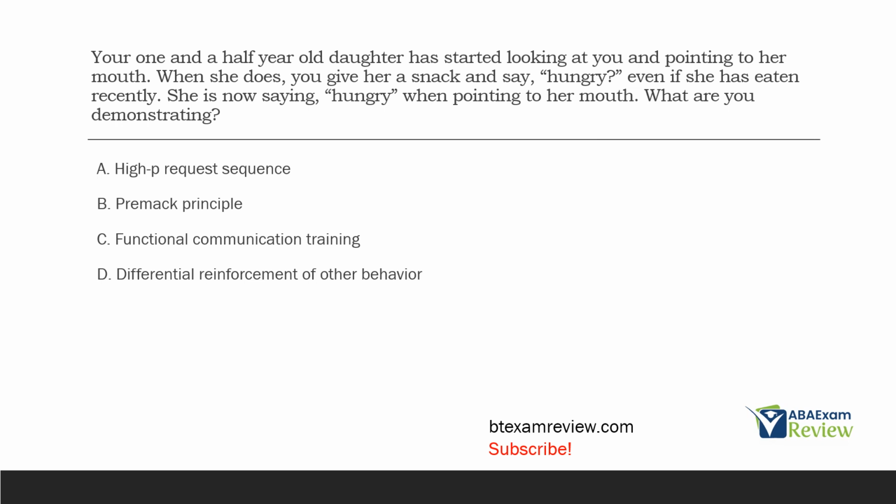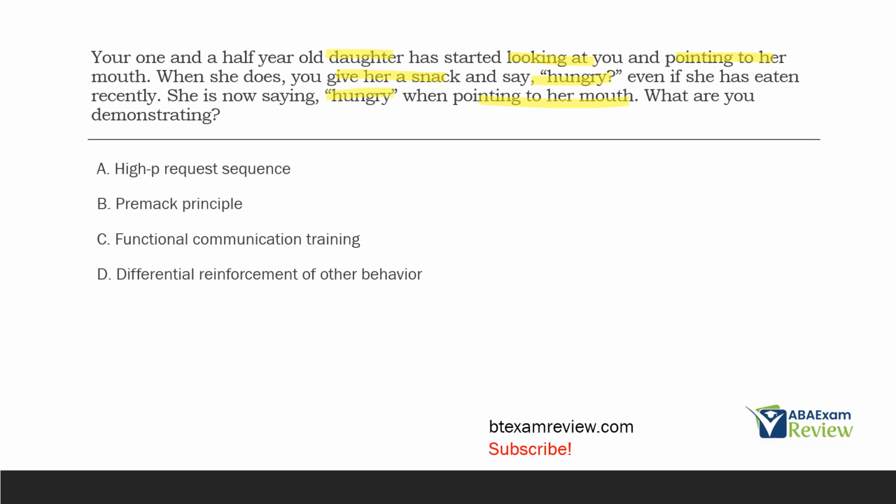Well, what we know is you have your daughter who looks at you and points to her mouth. In response, you give her a snack and say, "Hungry?" even if she has eaten recently. Now, as a result, she is saying "hungry" when pointing to her mouth. So what have you done? Well, you've taught her that as well as pointing to her mouth, she can also say "hungry" when hungry.